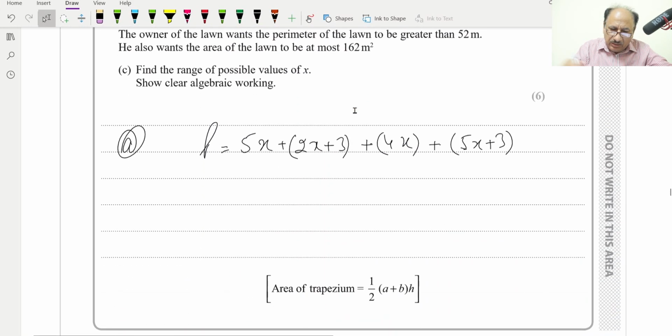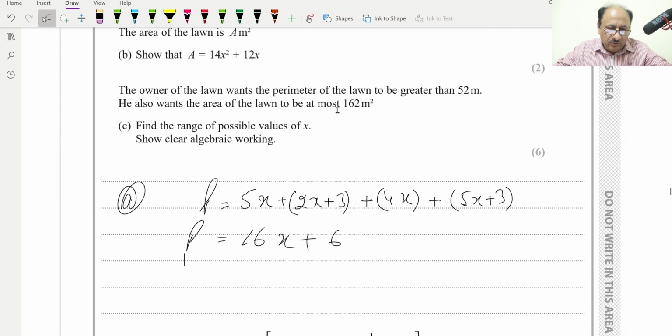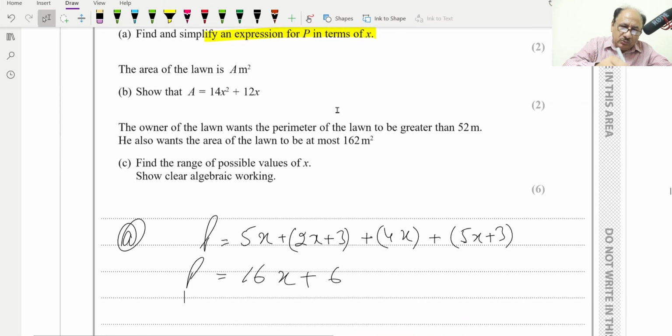Simplifying: 5x plus 2x is 7x, plus 4x is 11x, plus 5x is 16x, and 3 plus 3 is 6. So p equals 16x plus 6, which is the expression in terms of x that was required.